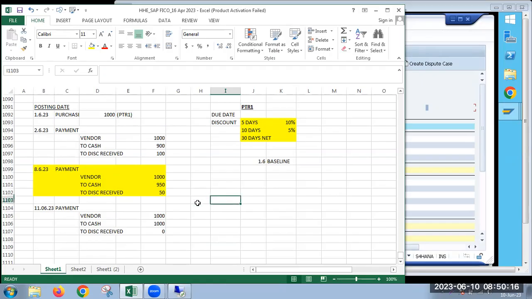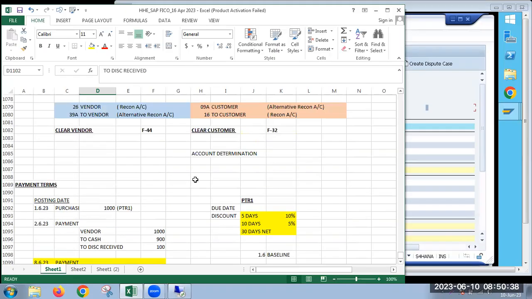Then, see this line item. This line item we need not specify. The system has already calculated this amount and it will be posted to an account. We need not specify which GL account to be posted for this transaction.